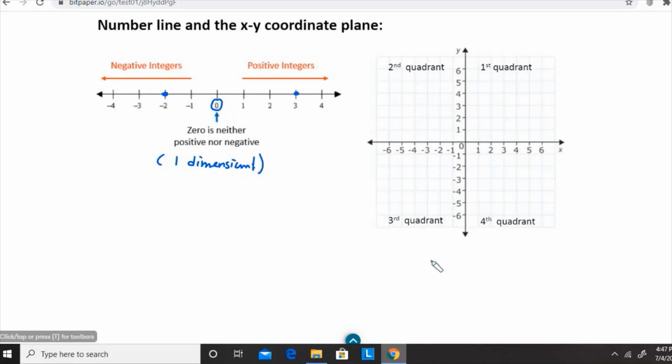In the case of the xy coordinate plane, that is two-dimensional. That means you need two coordinates to specify a position. When we have the xy coordinate plane, we can define 4 quadrants. This is the first quadrant, this is the second quadrant, third quadrant, and the fourth quadrant.